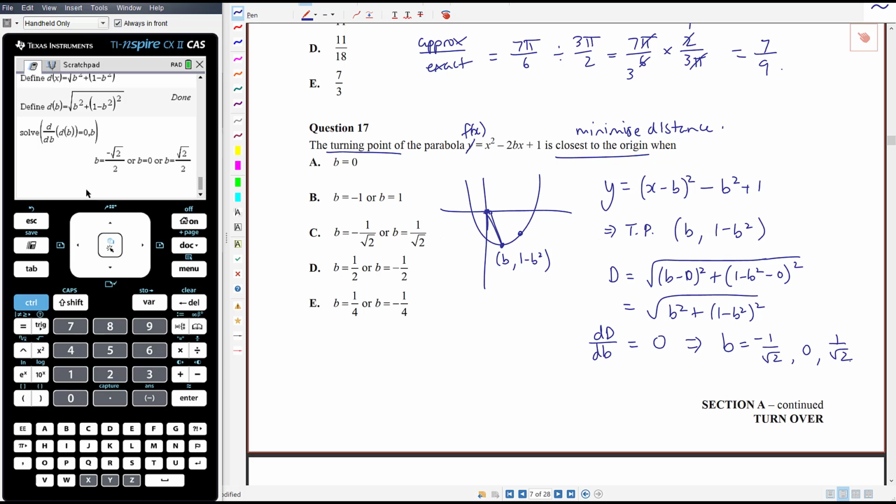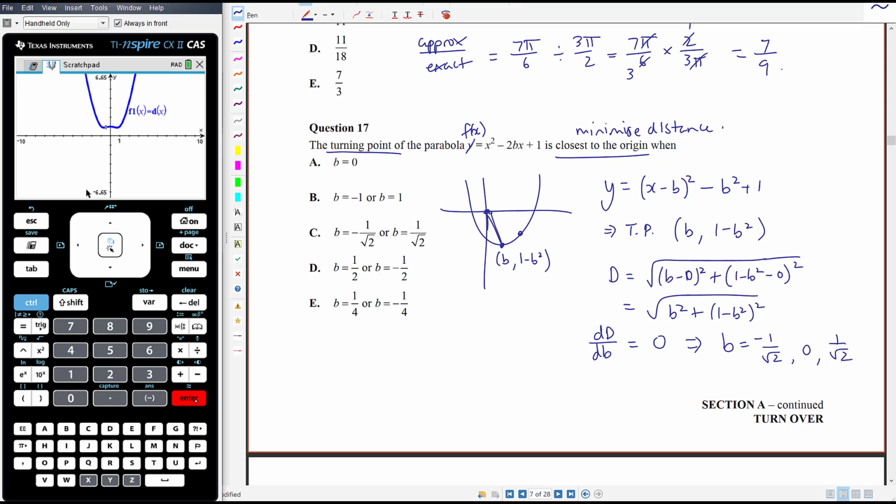We want to know which value of b gives the minimum. You might want to have a look at the graph of the distance function. If I type d of x in here, it'll allow me to see it. I can see that the minimum points of the distance function are at plus minus 1 on root 2. We can make this a bit smaller so we can see a bit better.